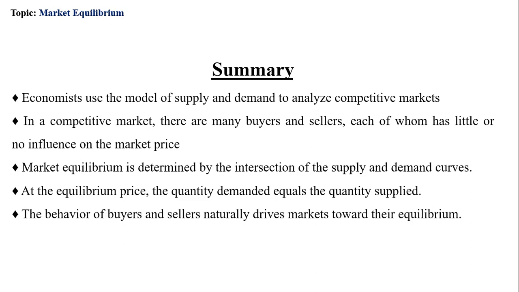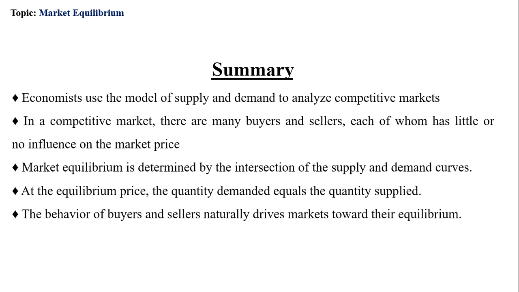Market equilibrium is determined by the intersection of the supply and the demand curve. On the demand curve, people are going to demand different units of the commodity at given prices. On the supply curve, the sellers are going to sell their commodity at different prices. So when the supply and the demand curve intersect with each other, we get the market equilibrium.